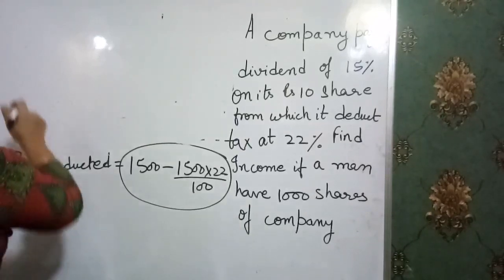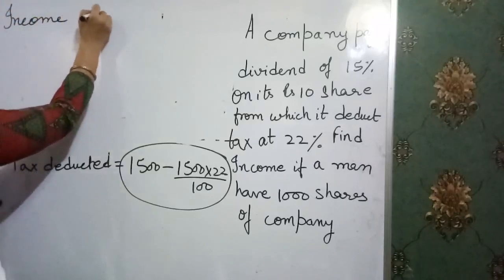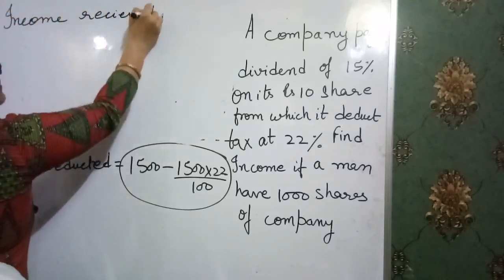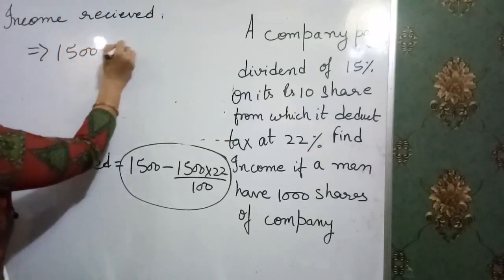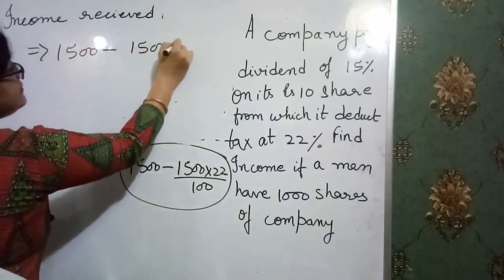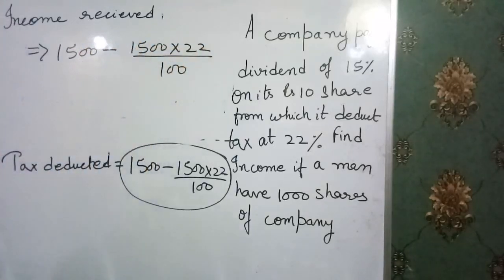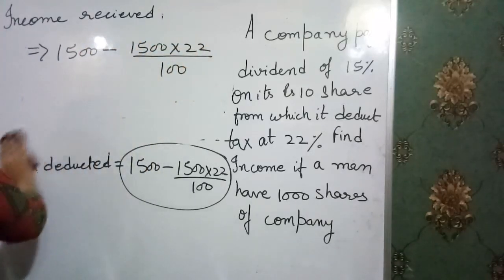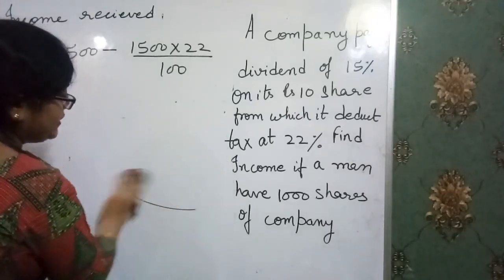So the overall income received by that shareholder after deducting the tax, in this way we calculate that. We have to find the 22% tax deduction on the income we receive from the company.